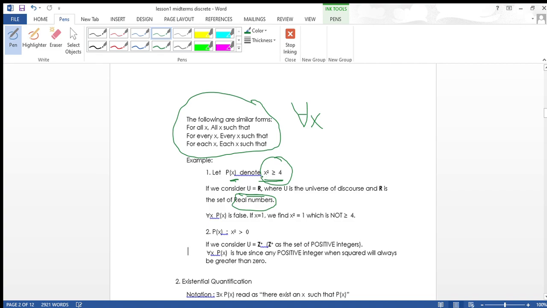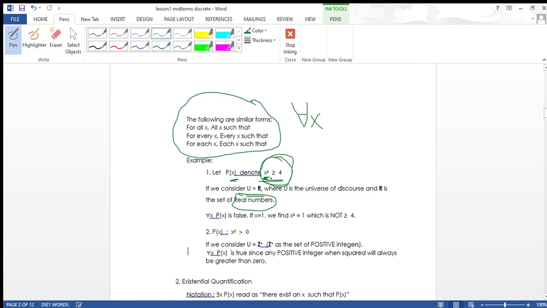You have x squared is greater or equal to 4. So ano yung sinasabi dyan? If you substitute any real number in x squared, for this proposition to be true, each value of x substituted here must always be greater or equal to 4.